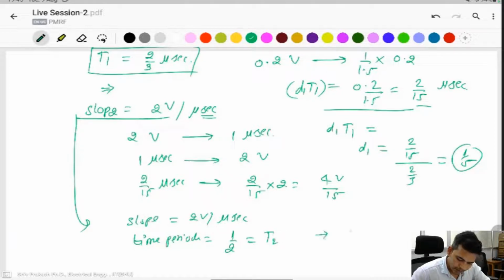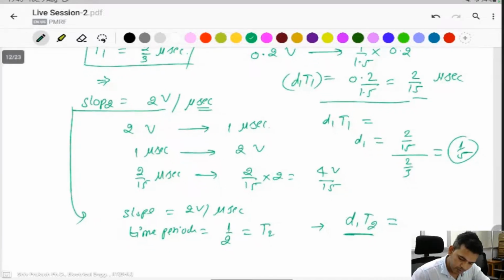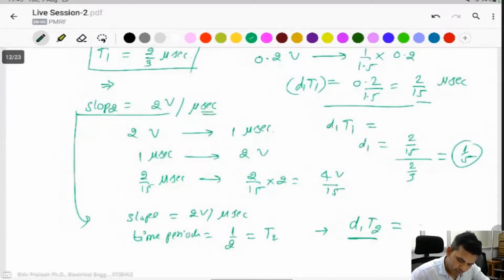Then you find D1 into T2, the total on time. D1 is equal to 1 by 5 and T2 is equal to 1 by 2, equal to 1 by 10. Then you find this one.